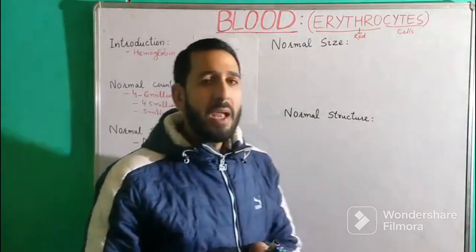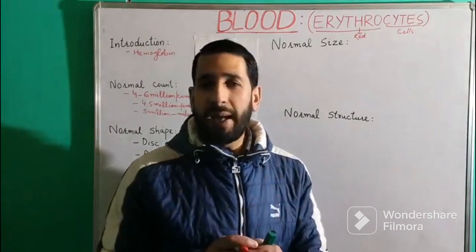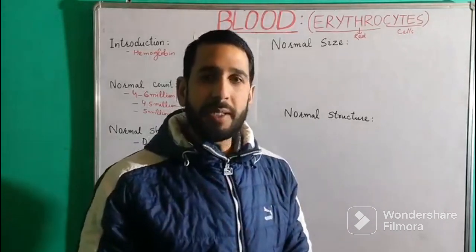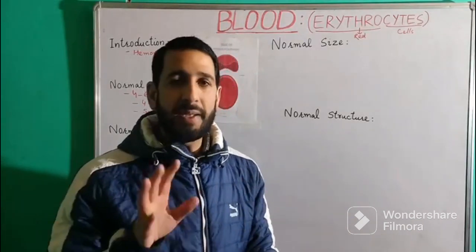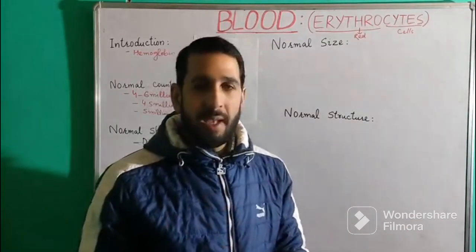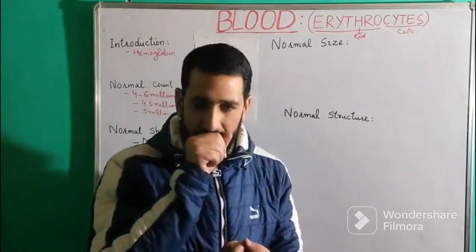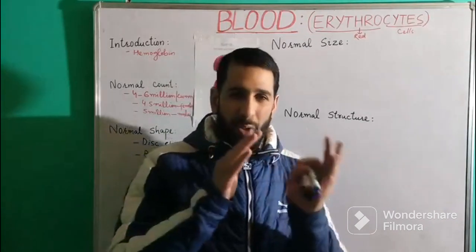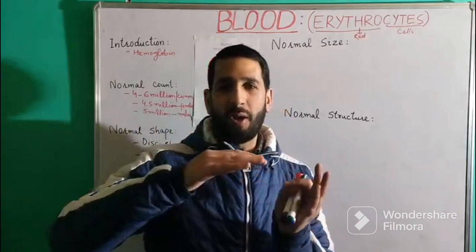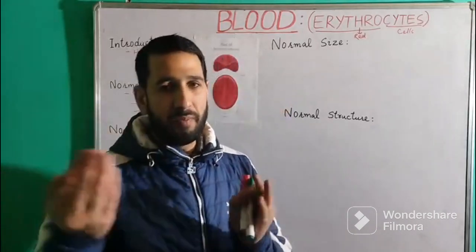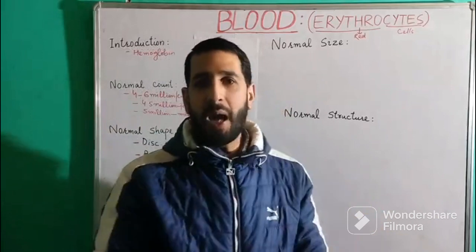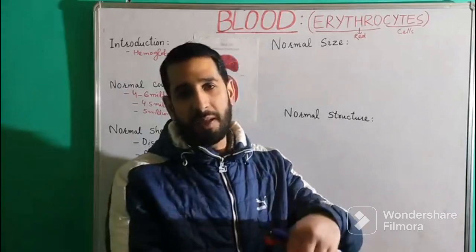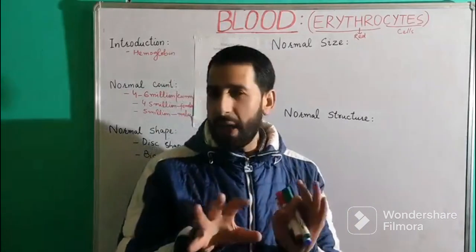For that, let me tell you, the most important function of RBCs in our blood is the transport of gases, that is, the transport of oxygen and the transport of carbon dioxide. Because we have to deliver oxygen from the lungs to all the body tissues, and carry carbon dioxide from the body tissues back to the lungs. Right? So that is the function of RBCs.